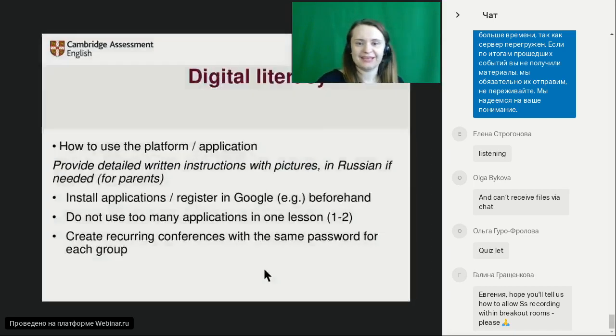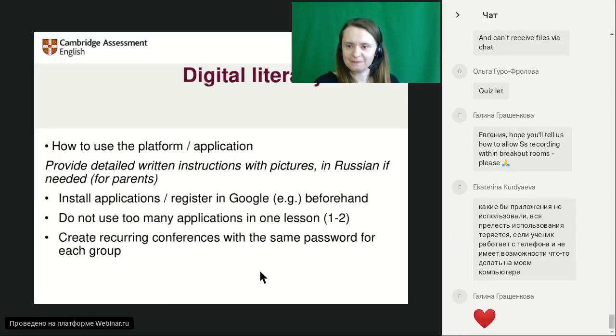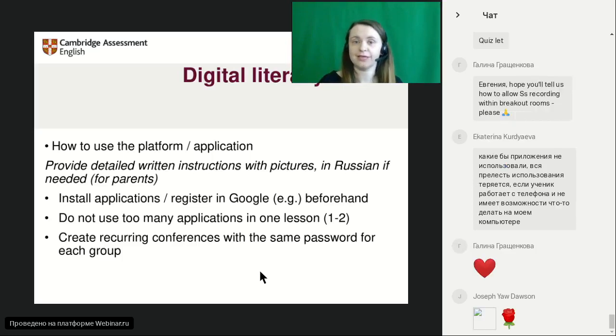Right. So speaking about digital literacy, that's one of the points. Not everybody knows how to use that. Not all teachers know how to use that, and we are thrown into this absolutely new reality which we have to deal with.